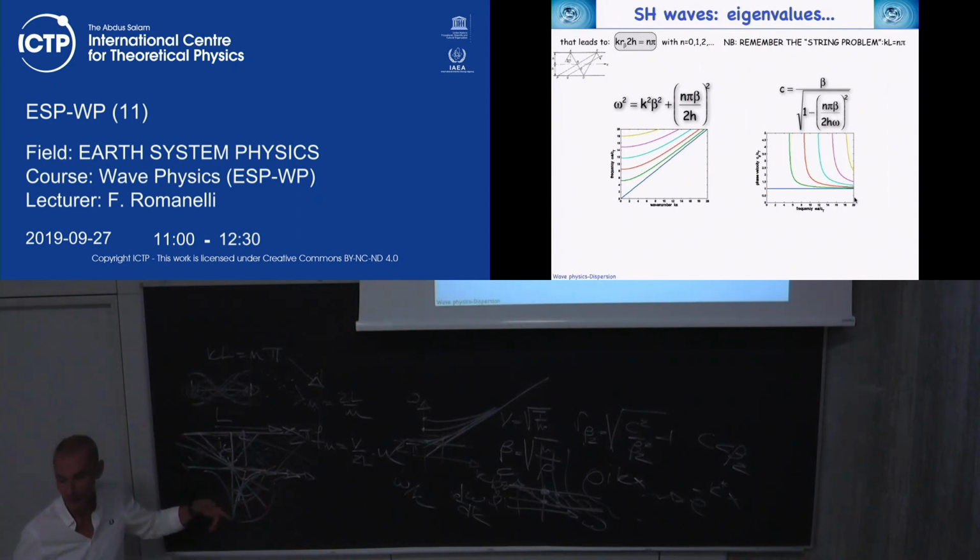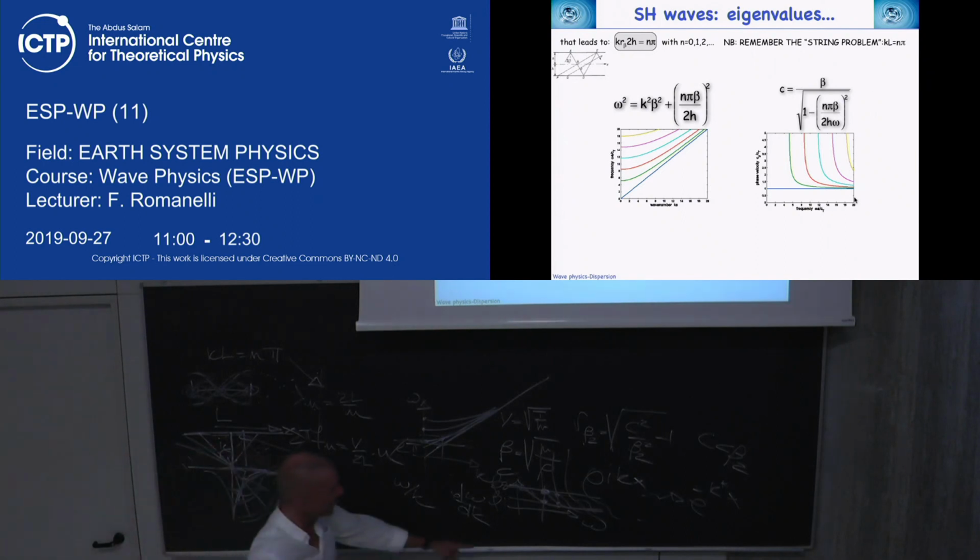Do you remember the applet about Huygens principle that I've asked you to play with? Only when this velocity is larger than beta 1, we can have a critical angle. And only when we are beyond the critical angle, then we will have critical reflection. Otherwise, energy will go like that, and we cannot have interference.